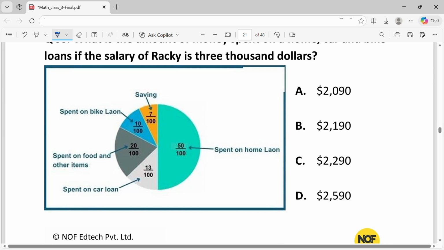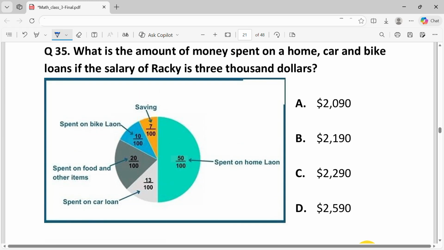Question 35. What is the amount of money spent on a home, car, and a bike loan if the salary of Raki is $3,000? Here, the salary is given as $3,000.